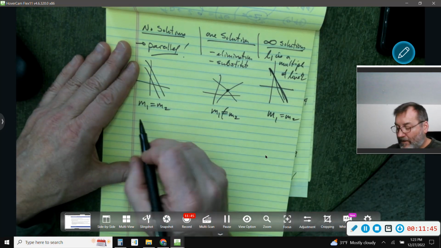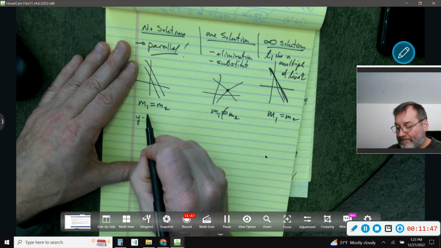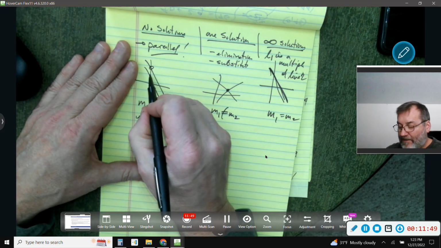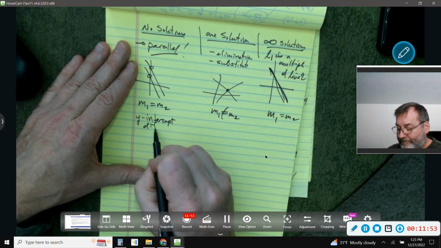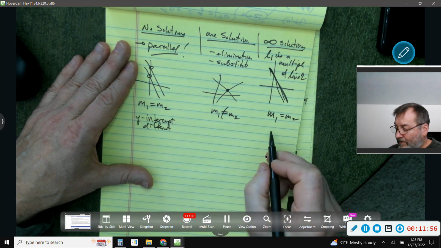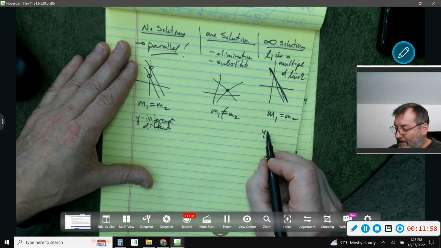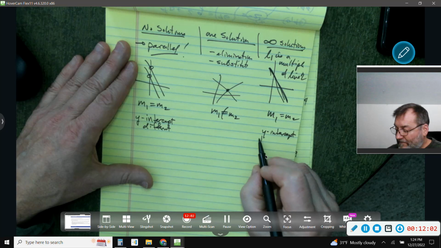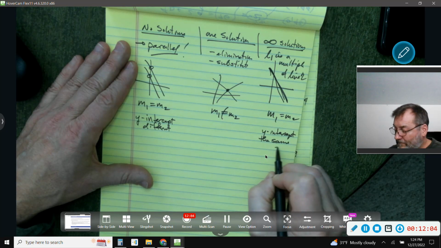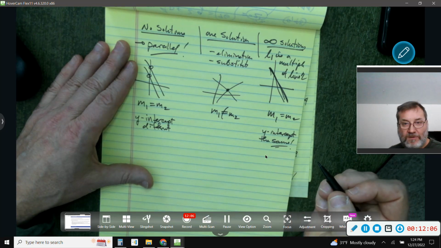Whereas here, the y-intercepts are different. You've got an intercept here and an intercept here. Over here, the y-intercept is the same because it's the exact same equation.